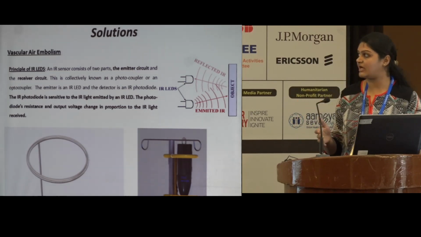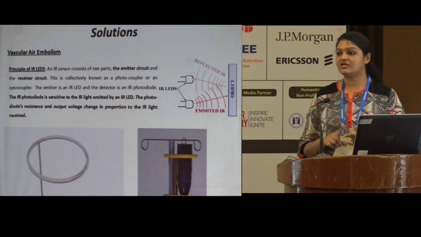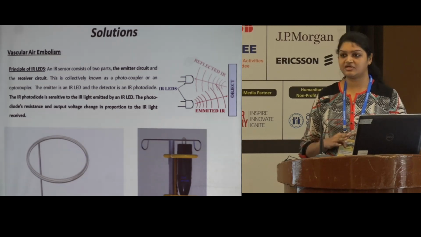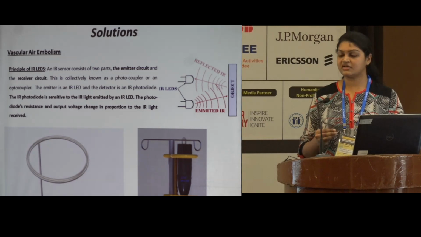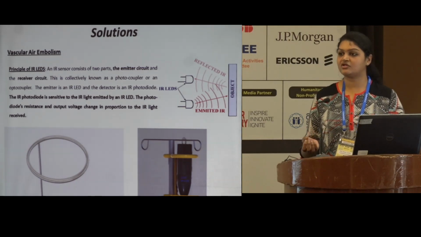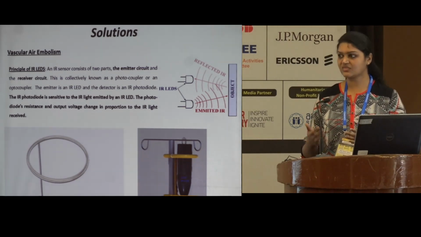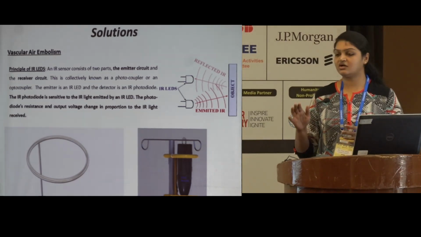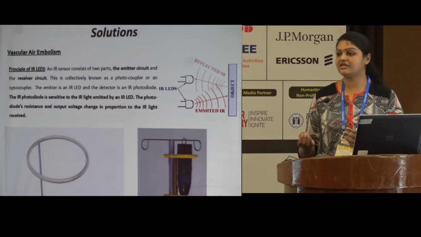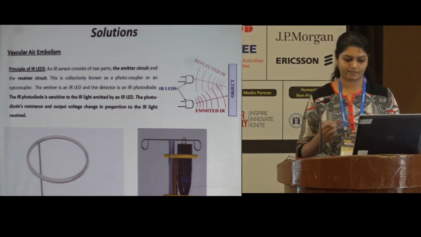The principle of IR LEDs is that one IR LED acts as an emitter circuit and the second one acts as a photodiode circuit. When the emitter circuit emits IR light, the photodiode receives it and gives output in the form of voltage, and this voltage is in proportion to the IR light which it received.